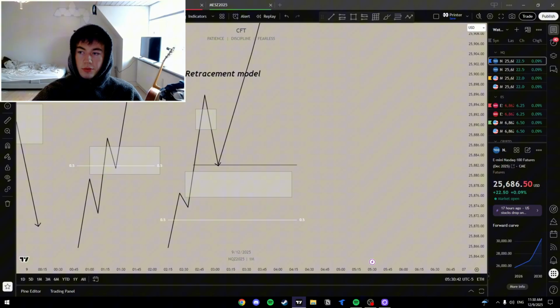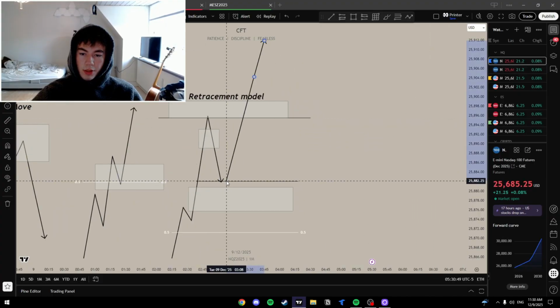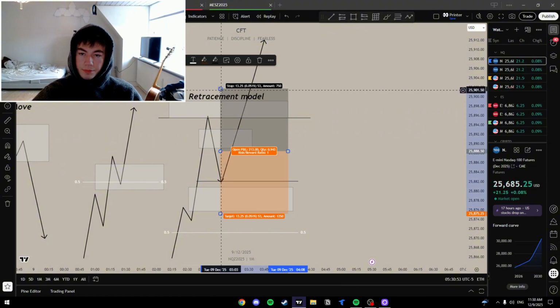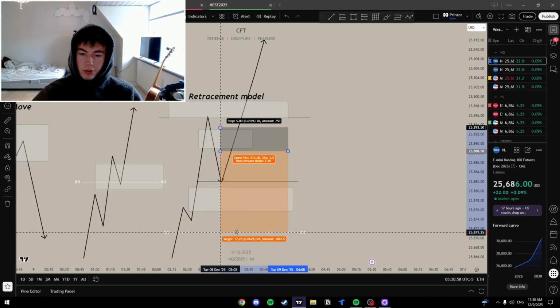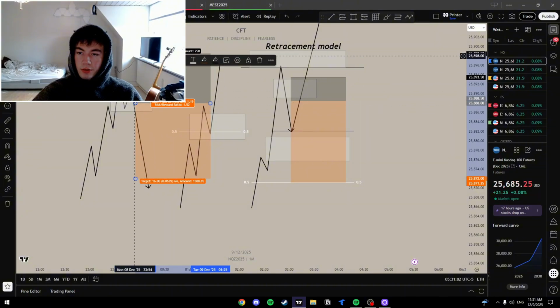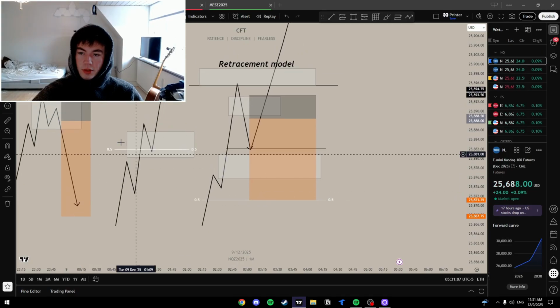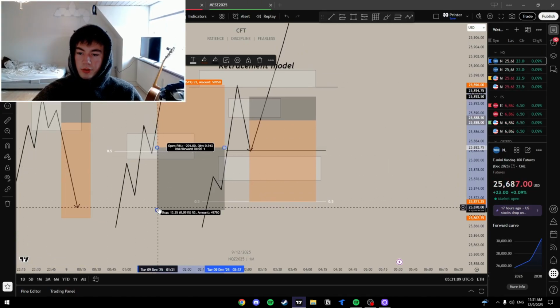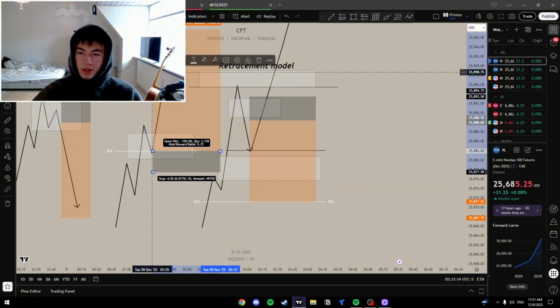I would wait for a sweep, maybe wait for a higher time frame fair value gap, and I'll look for my trade in here, and here I'll only be targeting a fair value gap or EQ of the range. Here we typically want to target a bigger move, and also in this, if our drawn liquidity is higher, we want to target that.